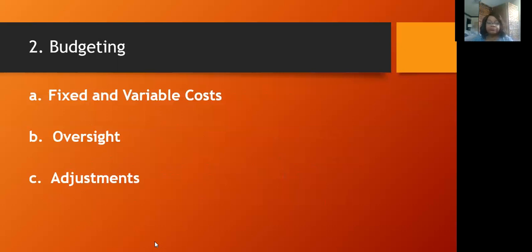There are fixed costs that could be your rent, the utilities, all of the costs that you pay for your overhead. Certainly your fixed would be your staff costs. Your variable costs would be programmatic, okay? So you're looking at your training costs, you're looking at your support services costs. It is extremely important that you as a case manager are aware and knowledgeable of the budget that you have set aside for each one of your clients.